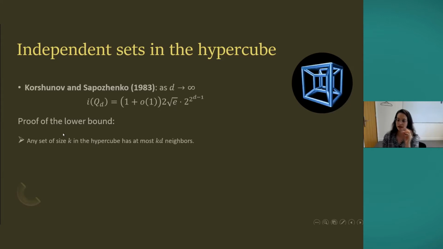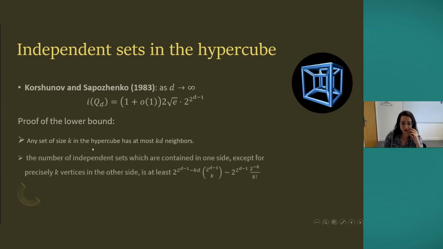If we choose a set of k vertices from one side of our bipartite graph, how many vertices on the other side will now be forbidden? At most kd vertices, because each vertex has d neighbors. So if we choose k vertices on one side, at most kd vertices will be forbidden on the other side for an independent set.